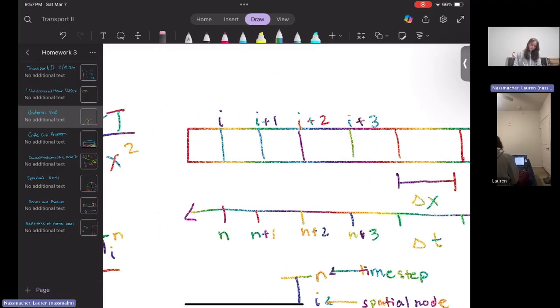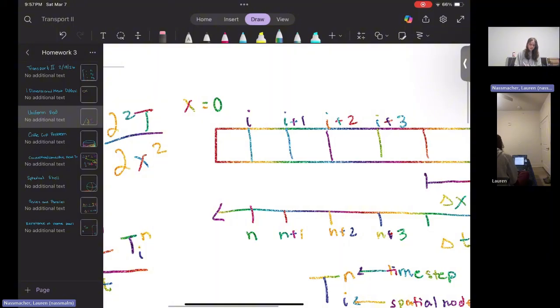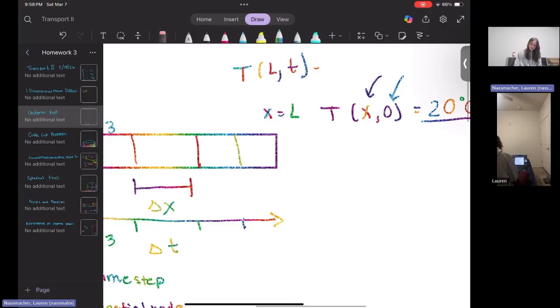On our left end, we'll call this x equal to 0, and our right end, x equal to L. Our left end will have our temperature at time t equivalent to 50 degrees Celsius, while our right end will have our temperature at distance L, time t, because we're not doing a specific time now, equivalent to 90 degrees Celsius.